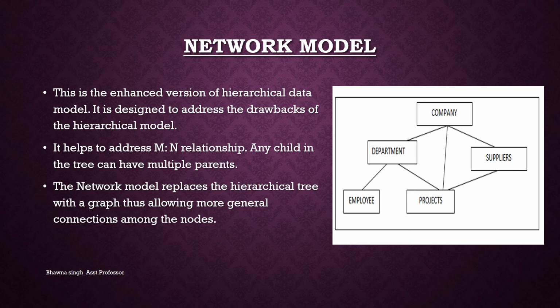Like this, all the nodes are connected to one another and form a network-like structure. All these entities like company, supplier, department, employee, projects are connected to each other, forming a graph-like structure. So we can say that every single node is connected to every other node.